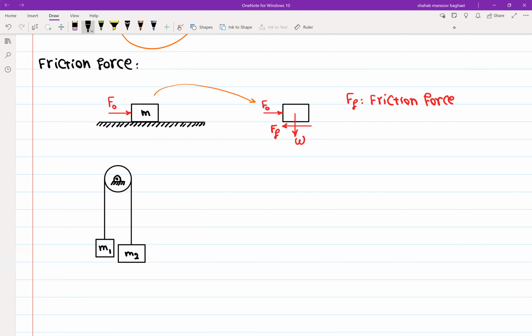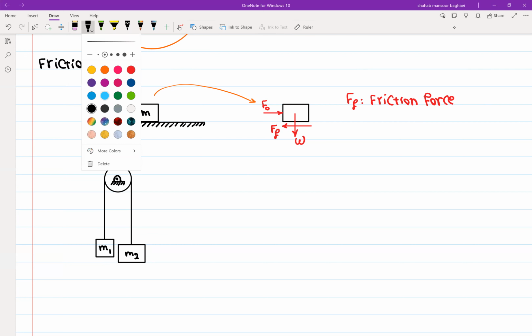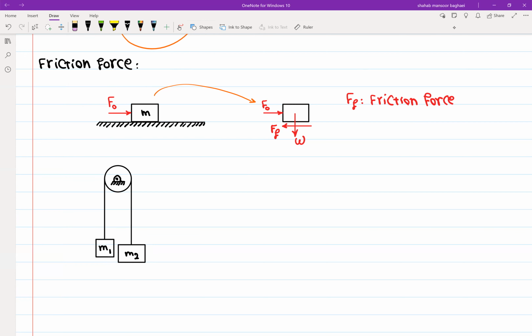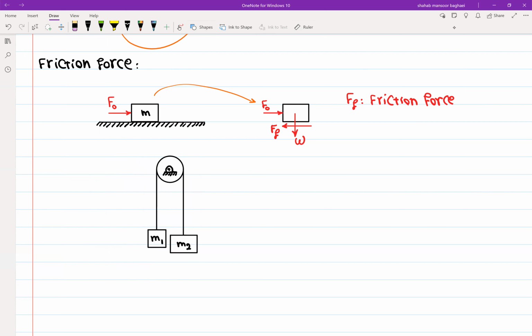And you can draw the free body diagram for each block. Let's do it. Focus on first block, I mean M1.